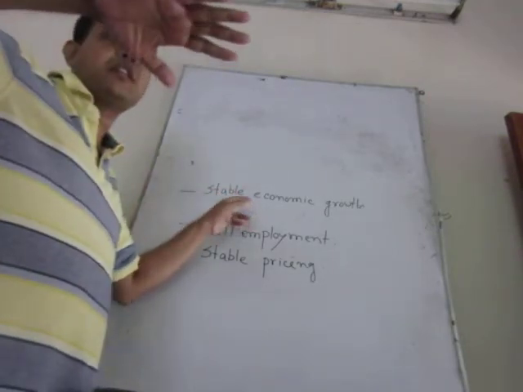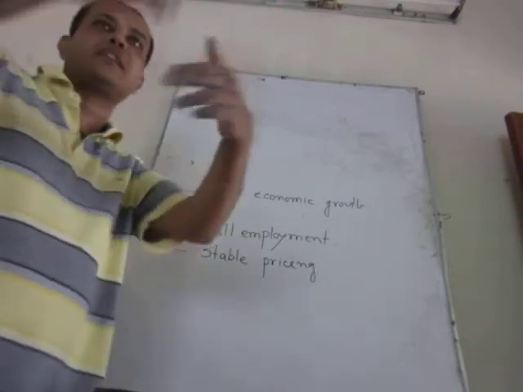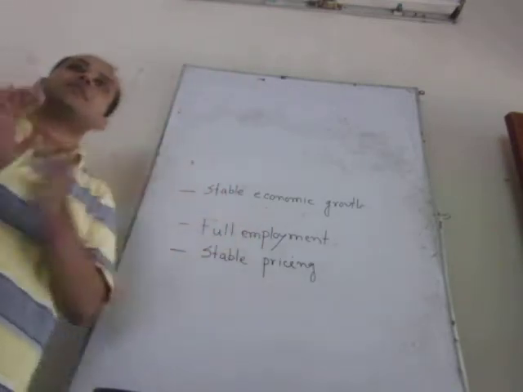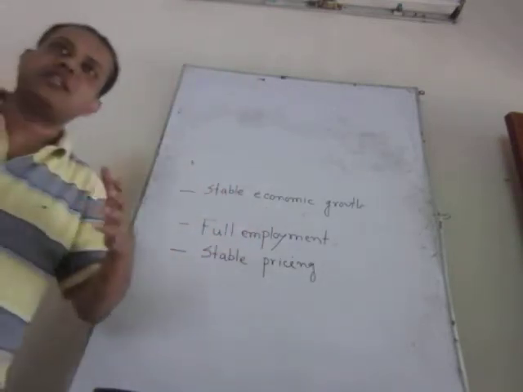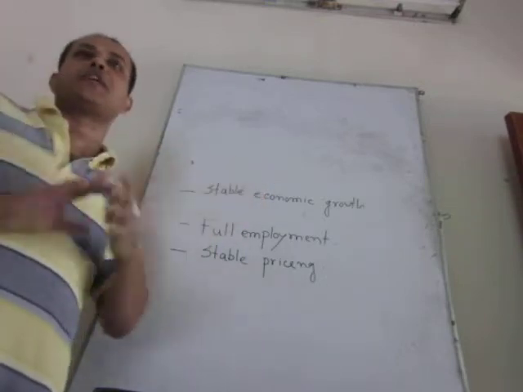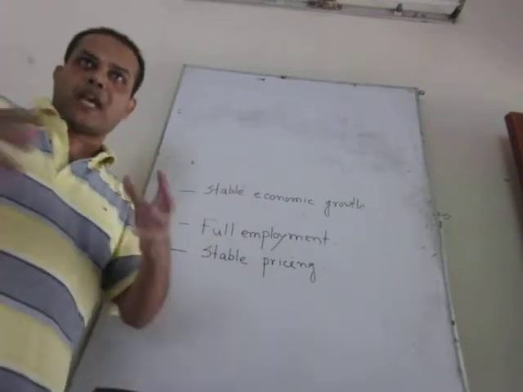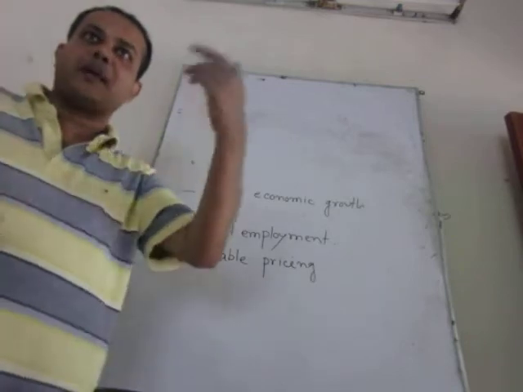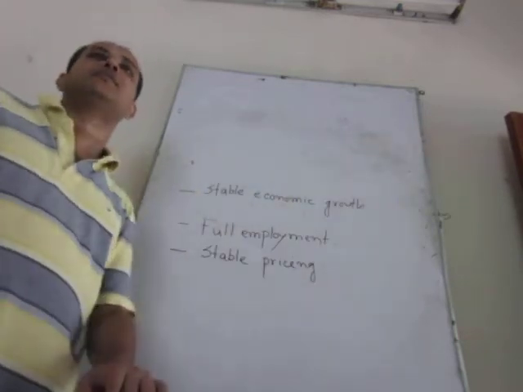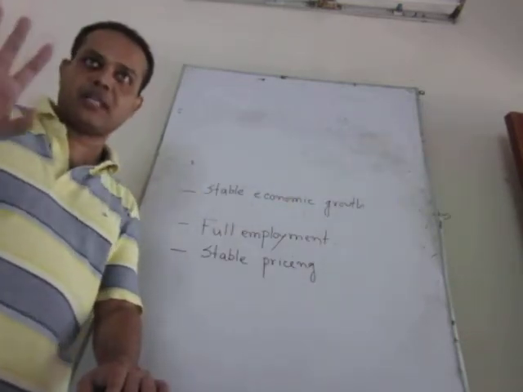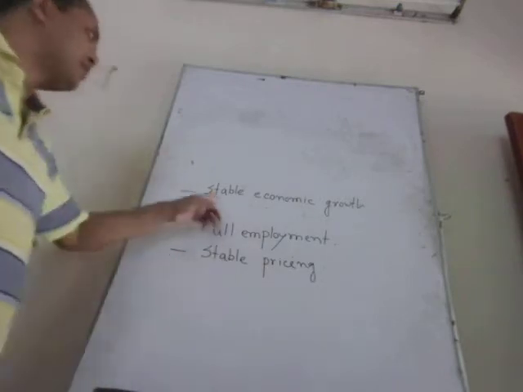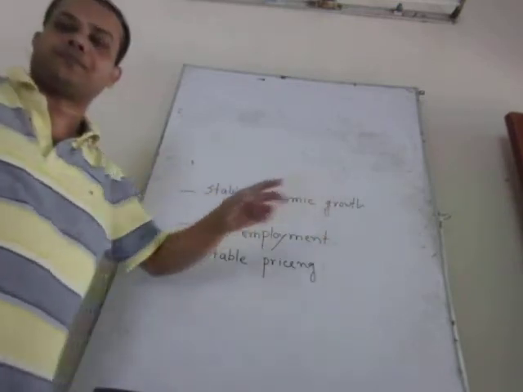That means maintain a stable amount of economic growth each and every year. That means the growth of national income will be stable, and the living standard will uprise in a stable way. That is stable economic growth.